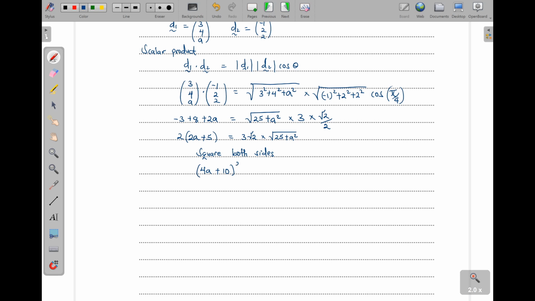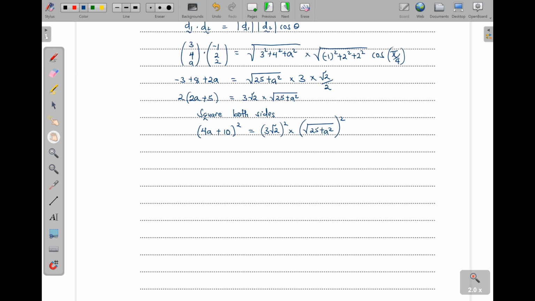Then we can square that. And then when we square this one here, times also square root of 25 plus a squared, also squared. This whole thing is now going to be 16a squared, then 2 times 4, that is 8, then times 10, that will give us 80a, and then square the 10, you'll get 100.